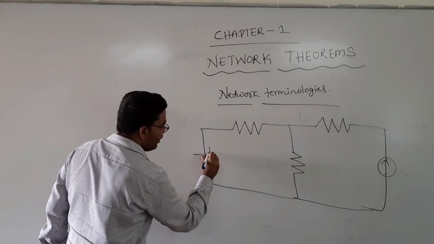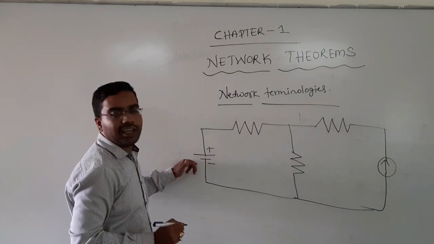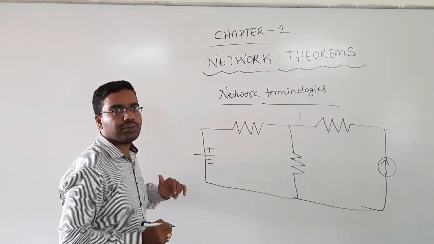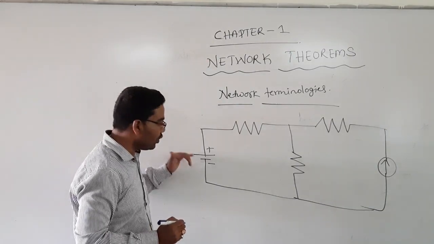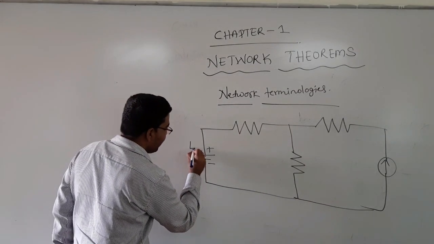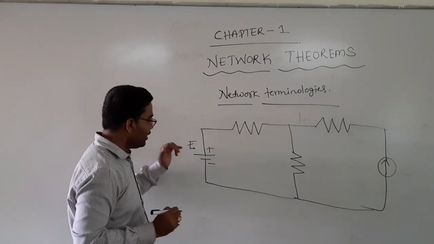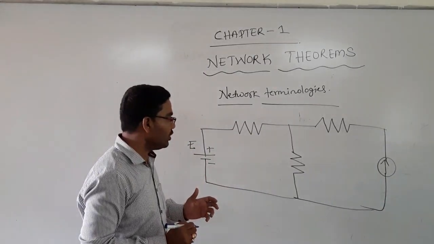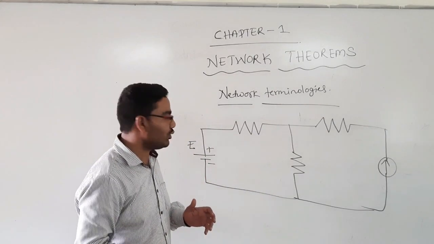So this is an active element, that is EMF. It is also called a voltage source. It is denoted by letter E, capital E. E means EMF, electromotive force. It is also called a voltage source.